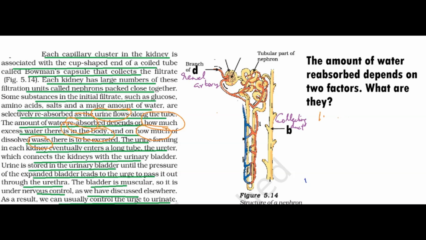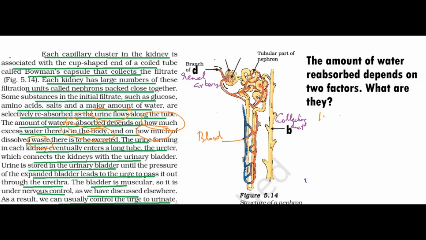So it depends the amount of water, how much is getting reabsorbed. Who is reabsorbing? The blood inside the capillaries. Where are the capillaries? These are the capillaries. So the blood that is present inside the capillaries reabsorbs, means takes it back. The water is taken back, and it depends upon two factors.